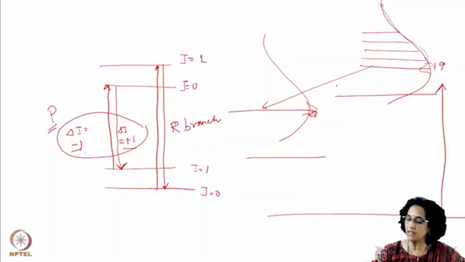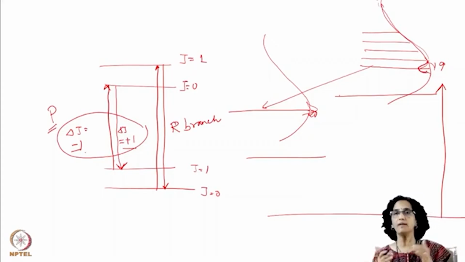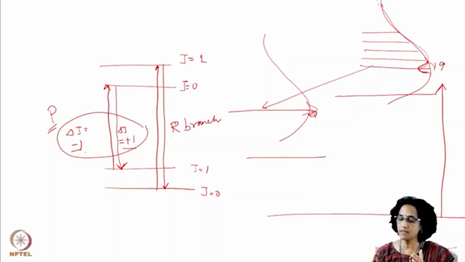So even during lasing, the population here reduces; this is called rotational hole burning. That means there is a hole which is burnt here.